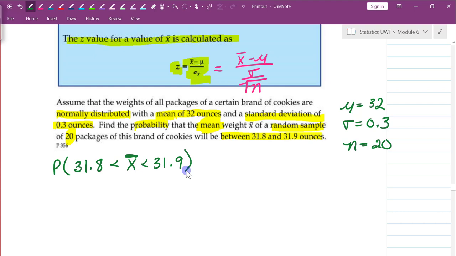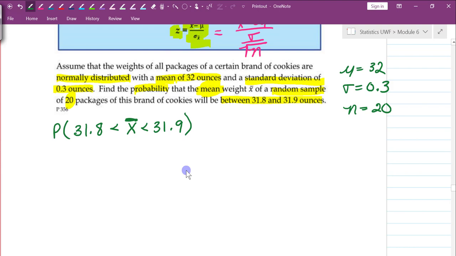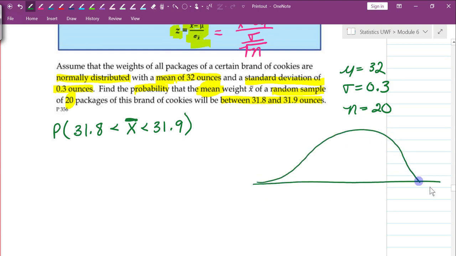Let's draw our picture that represents this. Our picture looks like this. We have our mean in the center, which is 32. Randomly selecting 20 packages, we want the probability that the average weight of those 20 packages is between these two values right here. So what I need to do is standardize this value and standardize this value.